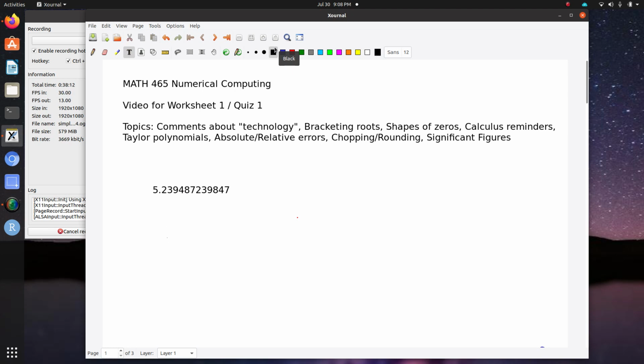So if I'm giving you instructions on how to key in your quiz answers, I'm going to say, please use 4 digits after the decimal, or please use 7 digits after the decimal, because I just want to make sure that your answer gets recorded correctly. Those are just clerical instructions. I'm not thinking about it scientifically. I just want to make sure your answer gets accepted by the system.